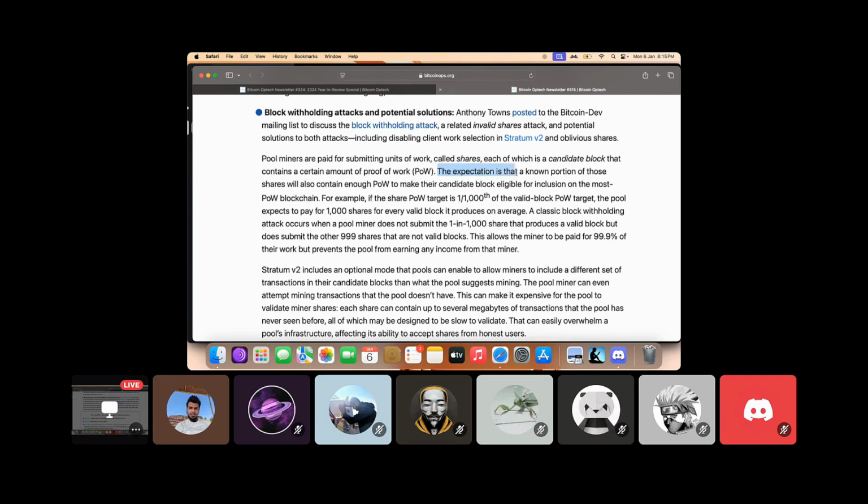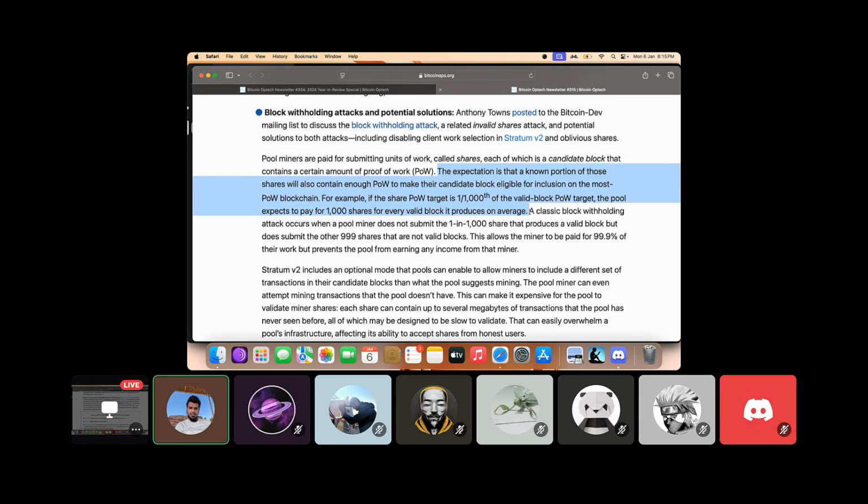The expectation is that a known portion of those shares will also contain enough proof of work to make their candidate block eligible for inclusion on the most proof of work chain. For example, if the share proof of work target is 1,000th of the valid block proof of work, the pool expects to pay for 1,000 shares for every valid block it produces on average.